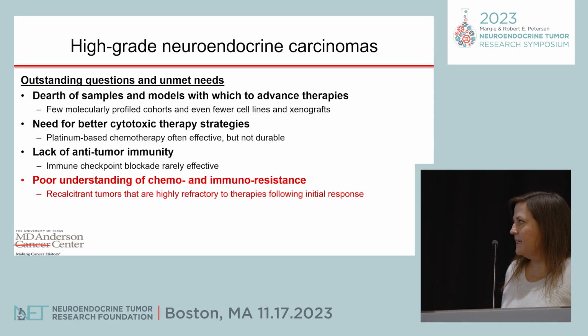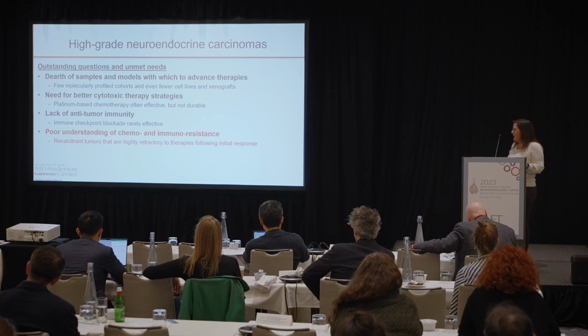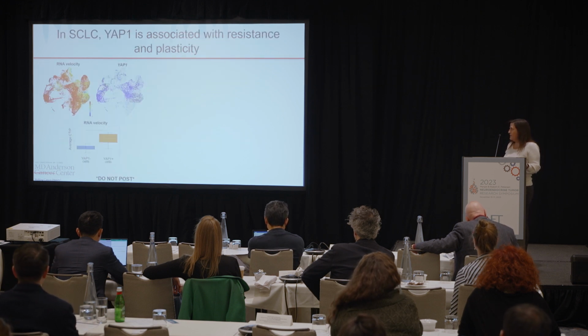And then finally, more related to the title, we have a poor understanding of this resistance in these patients. So as I mentioned, the tumors are very recalcitrant, and that occurs following the initial response. So this is suggestive of persister cell populations. And we've studied this probably more in small cell lung cancer.